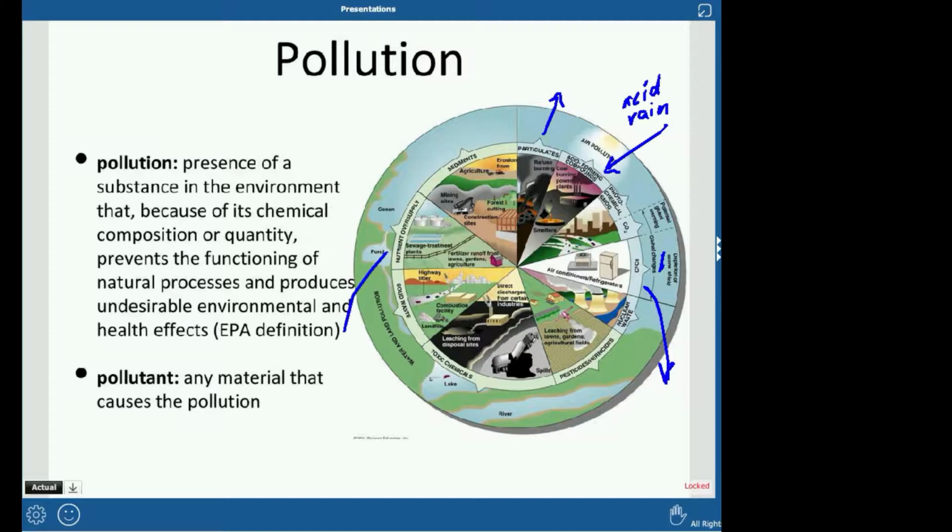We can have nutrient oversupply, which usually comes from runoff. Solid waste, any sort of solid waste getting into the water or the land, toxic chemicals, and then pesticides or herbicides, a lot of which is runoff or percolation into the soil. So those are some of the ones that we've talked about so far.